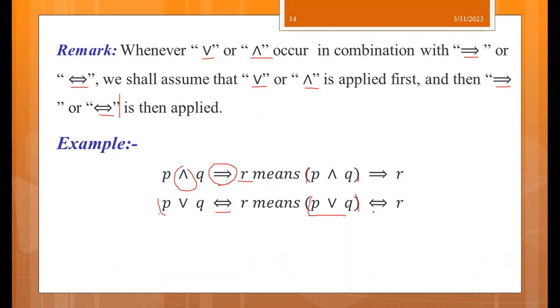Next we apply the logical implication, or if and only if. Similarly, if both are negations, we have to determine first the truth values of the negations separately, and then combine them by applying the property of the logical connective which is used to connect them.